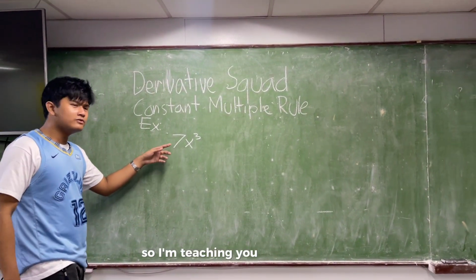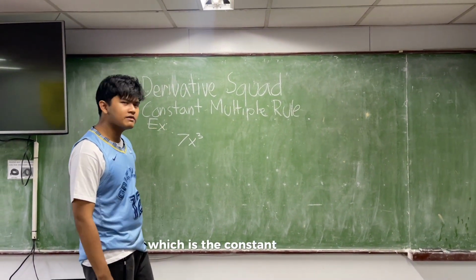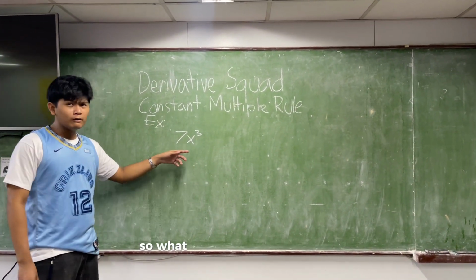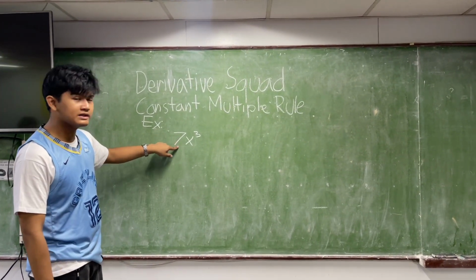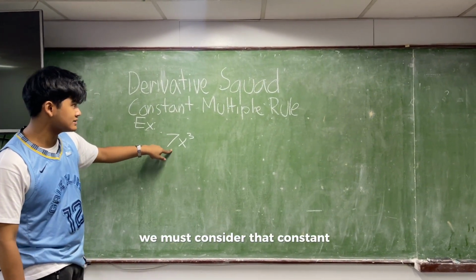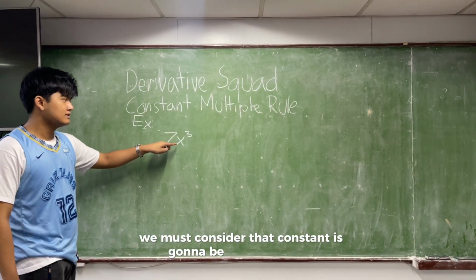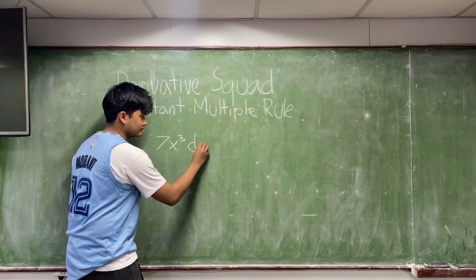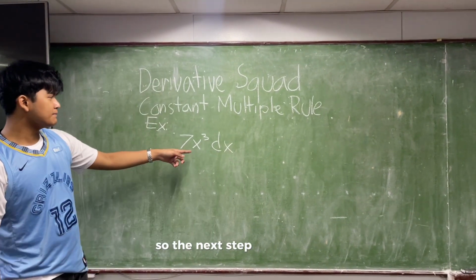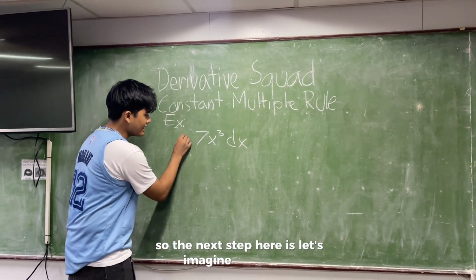So I'm teaching you the third rule, which is the constant multiple rule. So what should we do if this is the problem? We must consider that the constant is sticking to that derivative. So let's add d/dx.